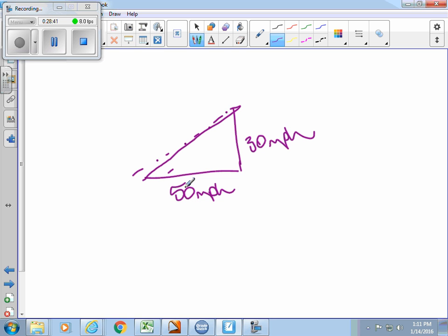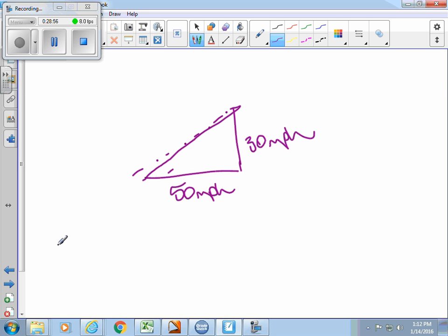Pythagorean theorem, right? So when I have the velocity vector, I have the velocity in the x direction and the velocity in the y direction. So I use the Pythagorean theorem to get the velocity in both directions of the actual particle.